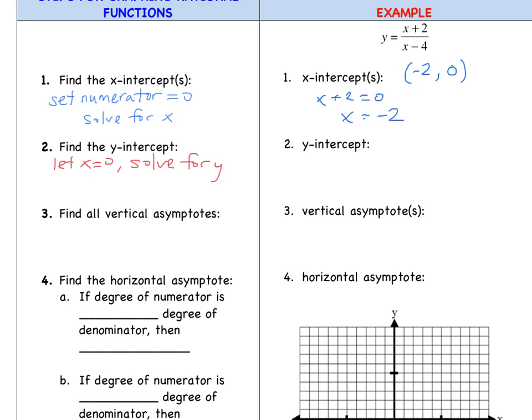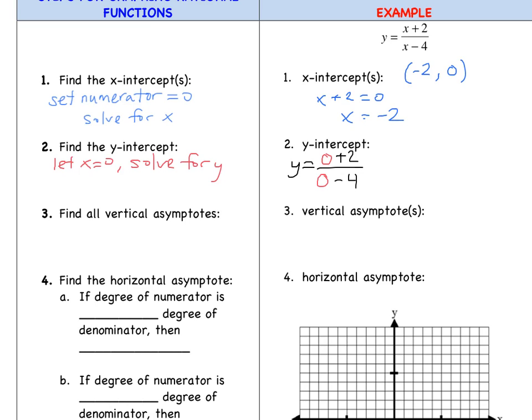To find the y-intercept in our example of y equals x plus 2 over x minus 4, we simply set x equal to 0. So 0 plus 2 over 0 minus 4.